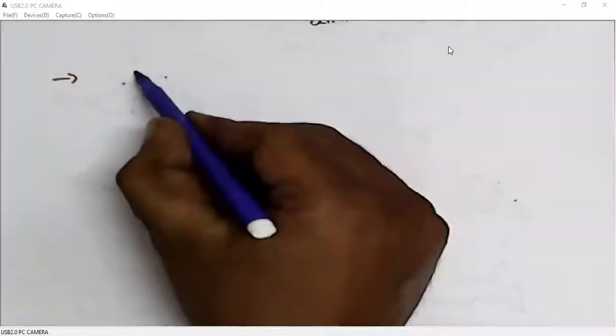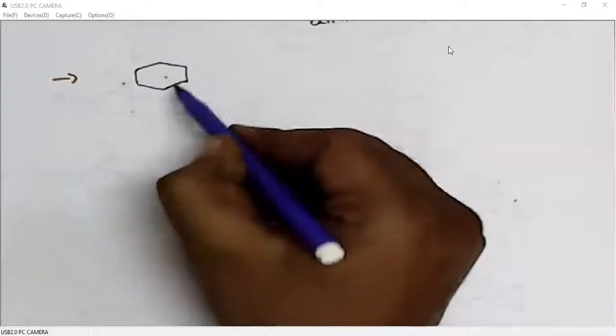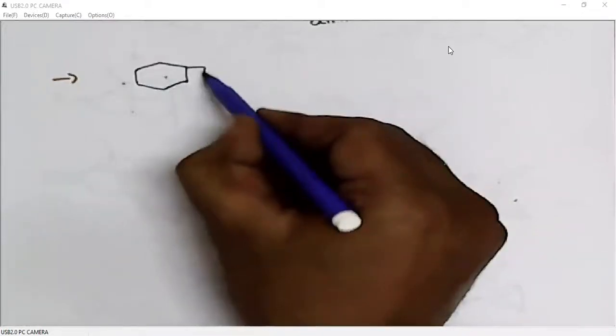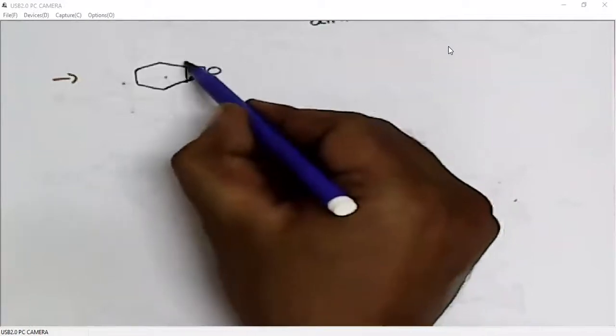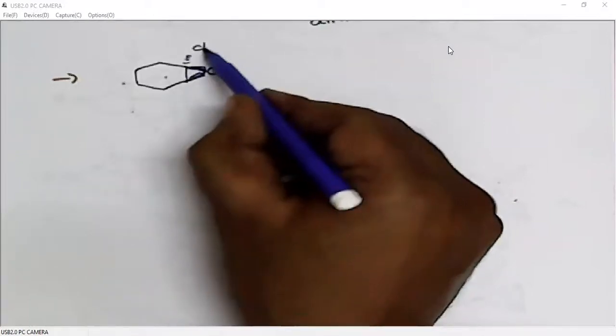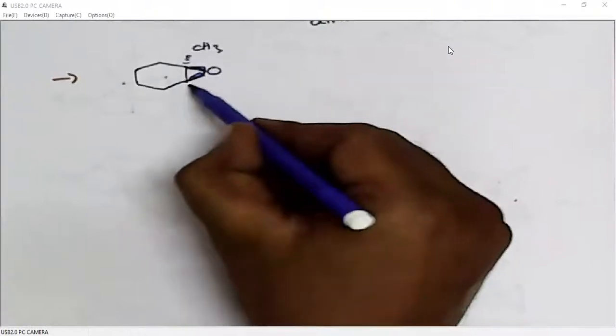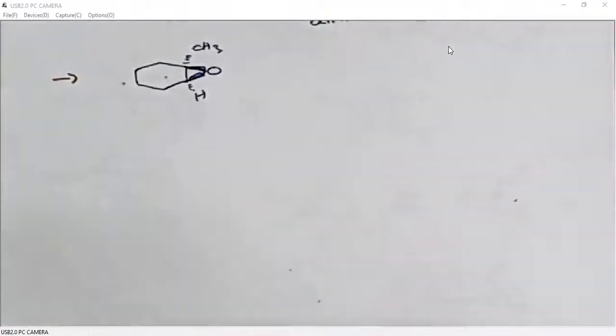Now we will see the nucleophilic addition of alkyl lithium reagents to epoxides. Particularly cyclohexane epoxides are very important because they generate stereogenic centers, and it is tricky to predict the stereochemistry when these cyclohexane epoxides are opened up.